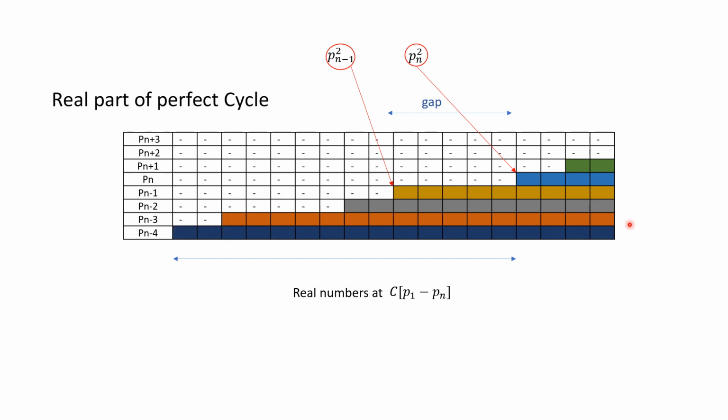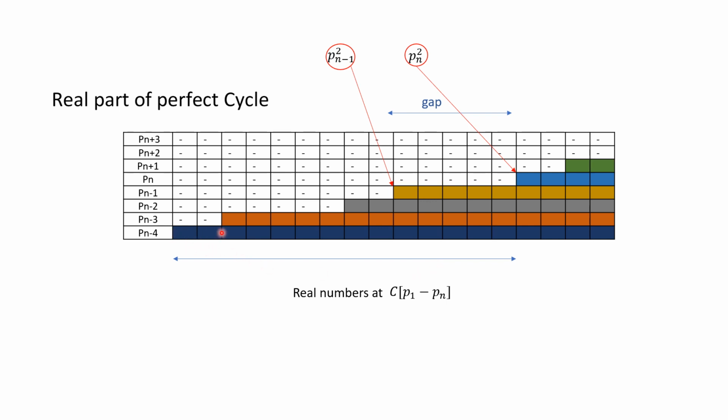And in this cycle, you know that until here, that will be the square of the next prime number you're going to have. And here in Pn square, you're going to have this cycle, all prime numbers will be there.